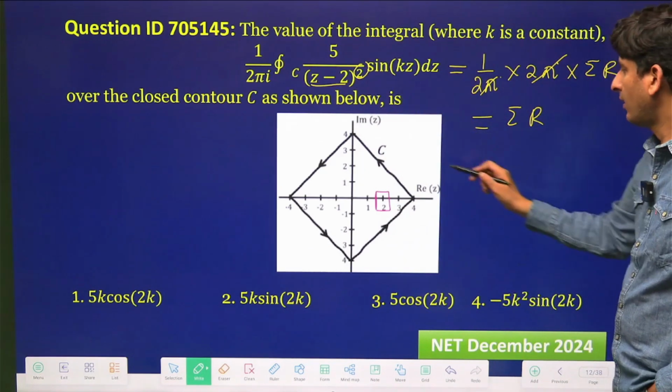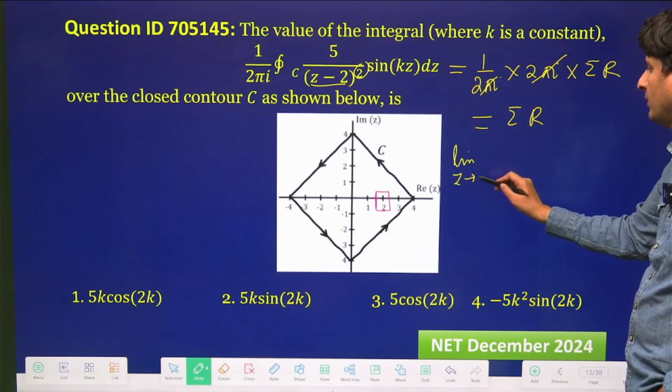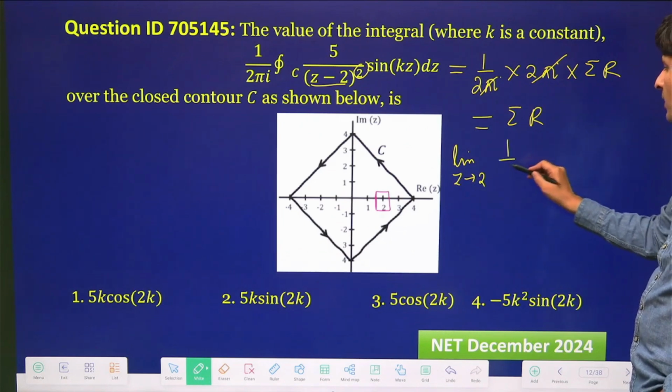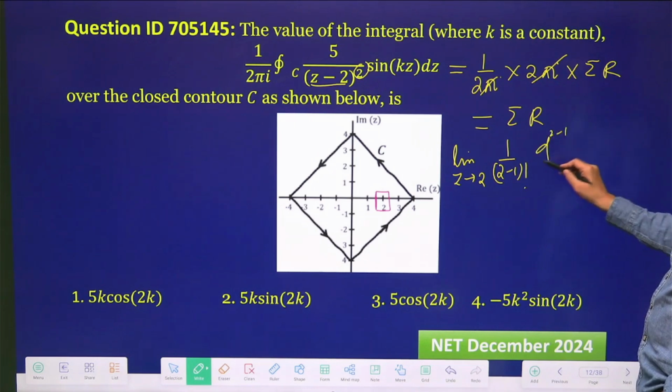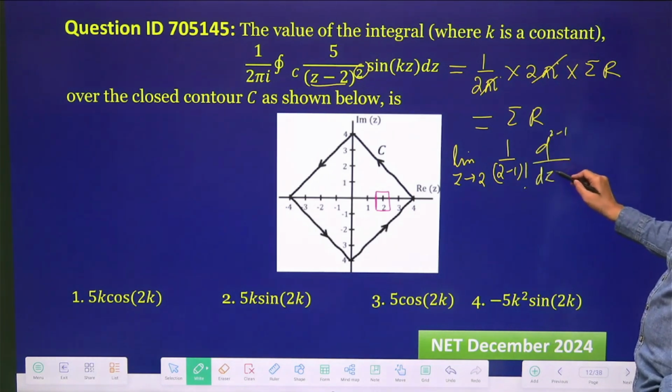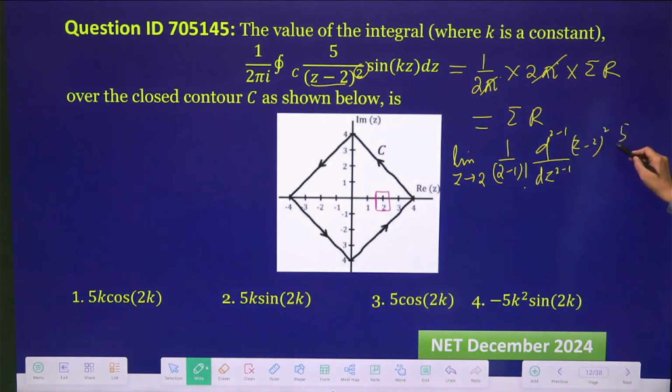So it is a second order pole, so the residue will be given by limit z tending towards 2 of 1 upon (2 minus 1) factorial, d^(2-1) by dz^(2-1), then (z minus 2) whole square times 5 upon (z minus 2) whole square into sine kz.